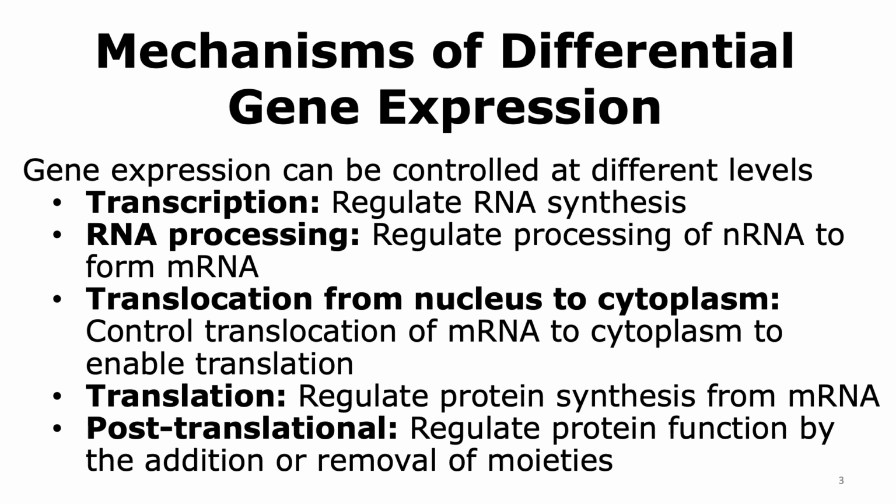Finally, just by making a protein does not ensure that it will actually be functional. In some proteins, post-translational modifications are required, and thus we can regulate protein function by the addition or removal of certain moieties like phosphate groups or other types of functional groups.